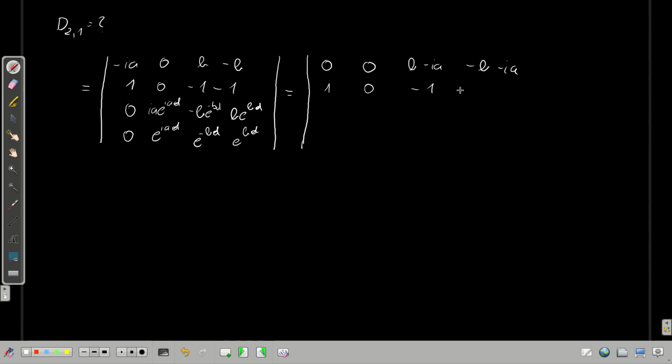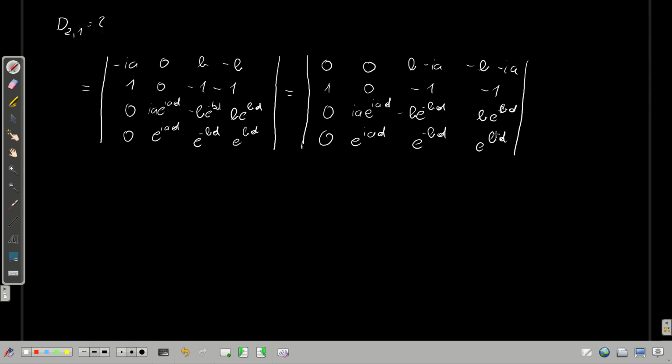So the rest stays the same. Just copy. E to the power of P times T D. So the next thing is that I multiply the third row.